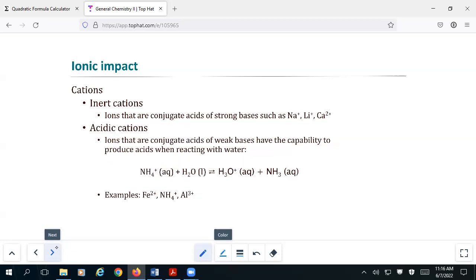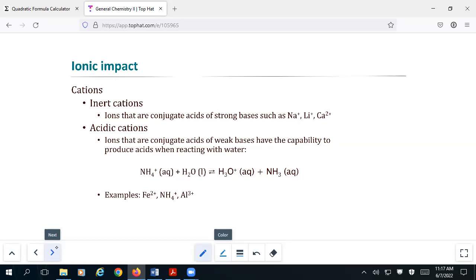On the flip side, the cations themselves, they are going to have the acidic characteristics. And they fall into two categories as well.